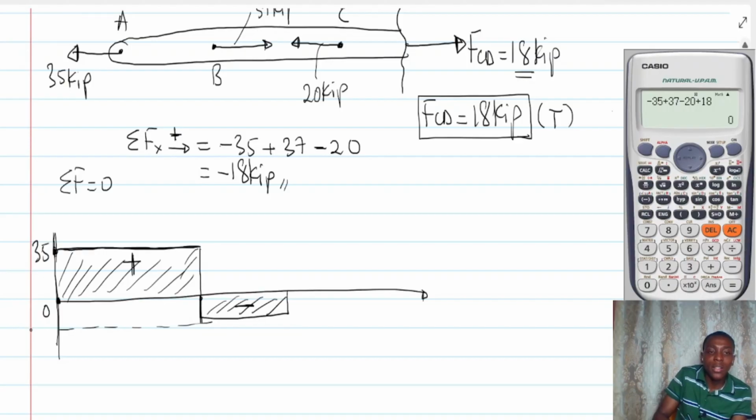So it's actually minus 2 kip. Okay, we don't need to indicate it. The unit is actually in kip. And then finally, what do we have? When we go to FCD, we had 18. It means I have something like this, which is, let's say, about half of the 35. So maybe something like this.